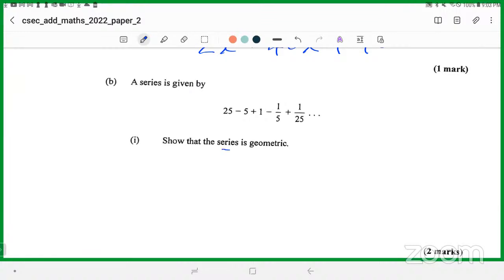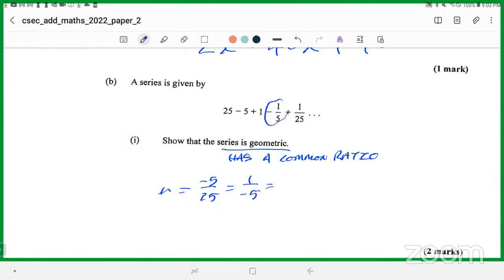So a geometric series, we can say, has a common ratio R, and I'm going to show that there actually is a common ratio. So it will be -5 divided by 25, which is also equal to 1 divided by -5, which is also equal to -1/5 divided by 1, which is also equal to 1/25 divided by -1/5.